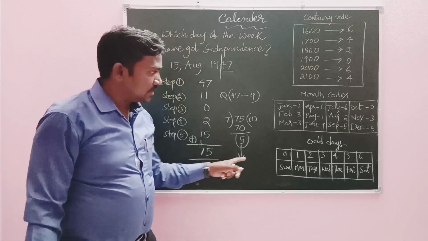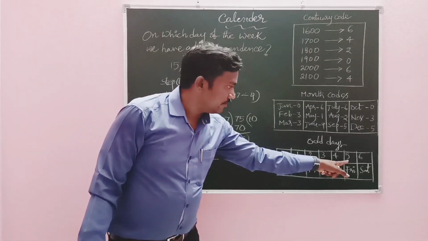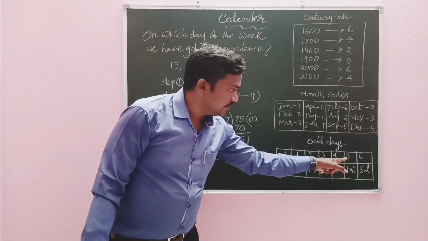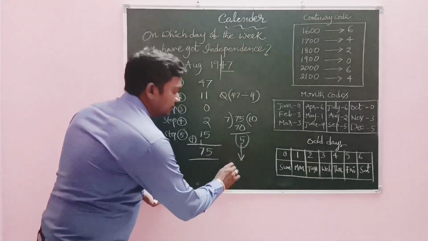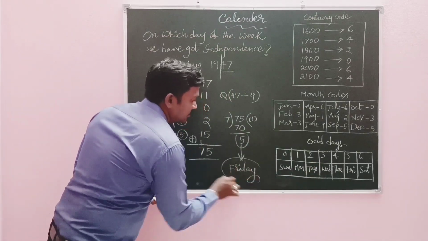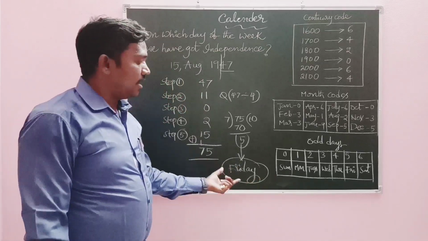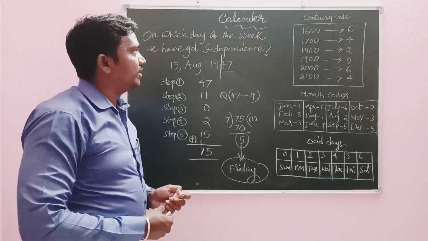Now let us check what 5 represents here. 5 odd days, we have to take that 5 is Friday. So we got independence on a Friday of the week.